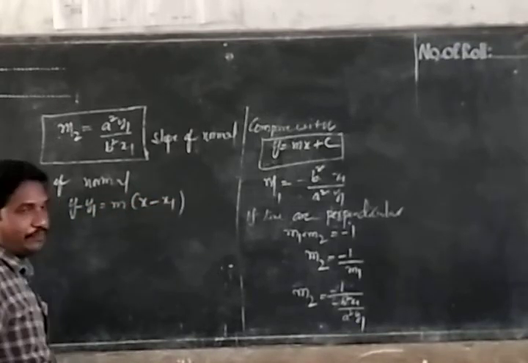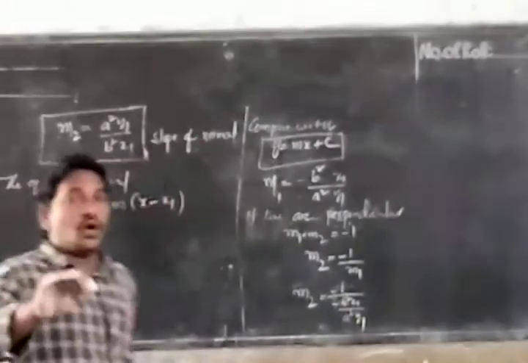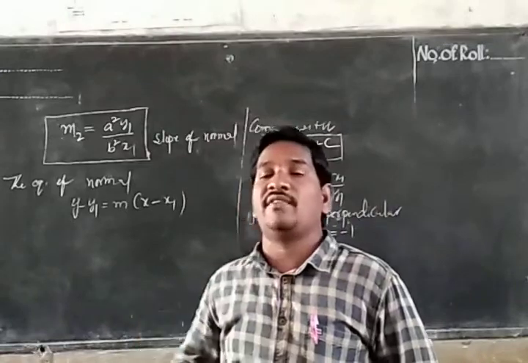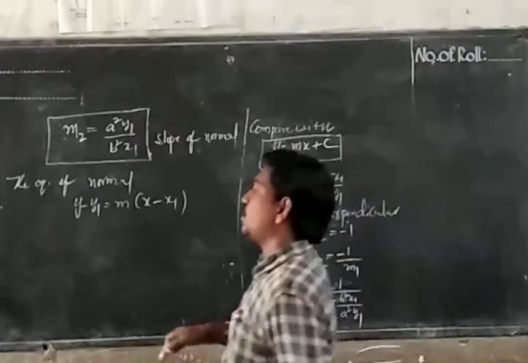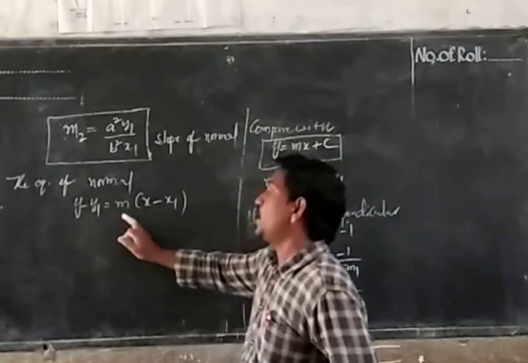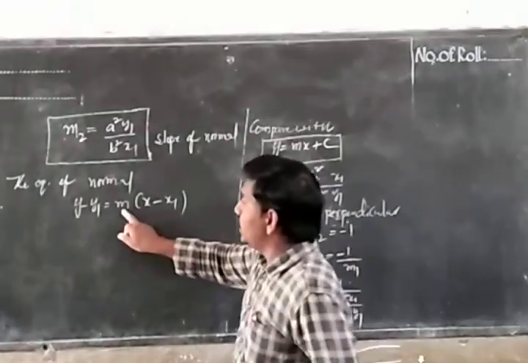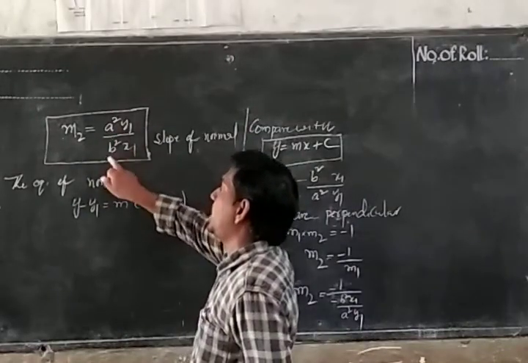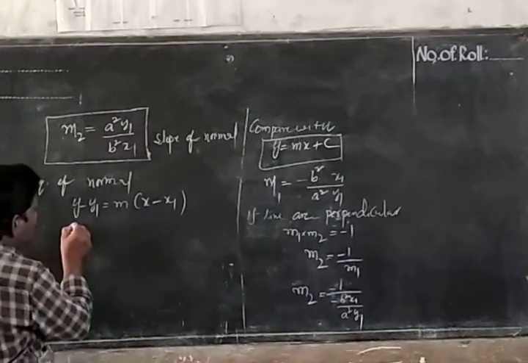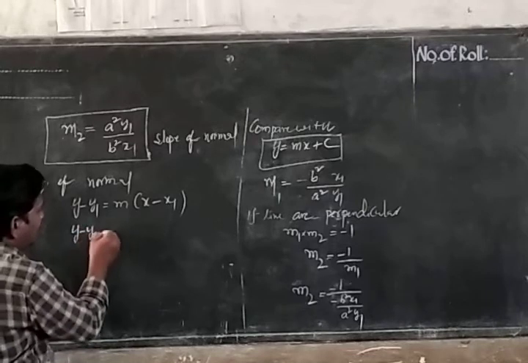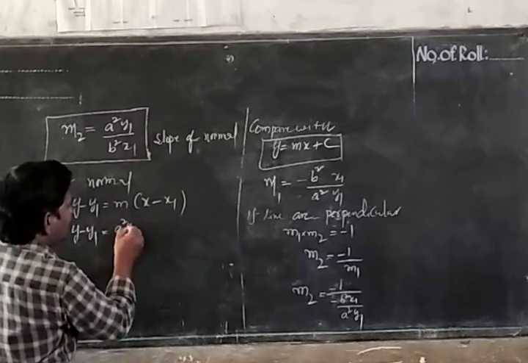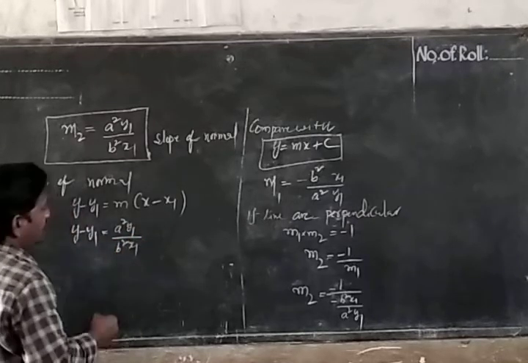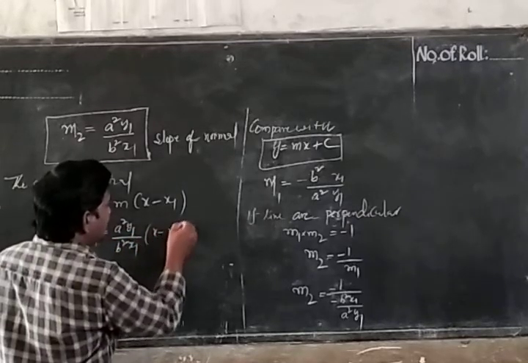Here we got m2, the slope value, a square y1 by b square x1. Now substitute: y minus y1 equal to a square y1 by b square x1 into x minus x1.